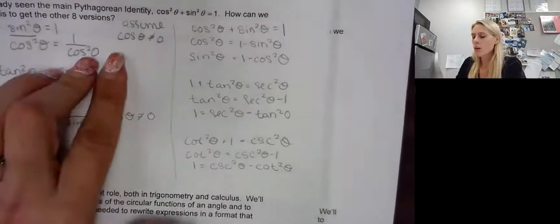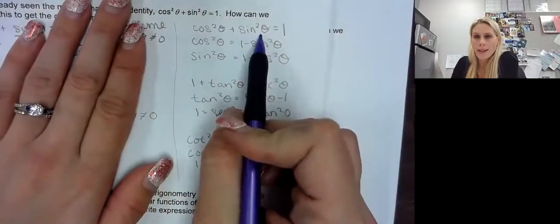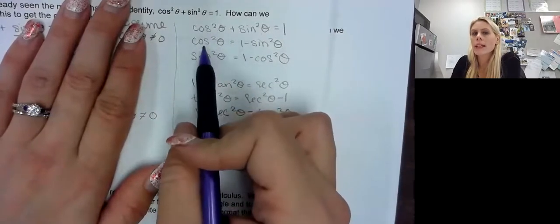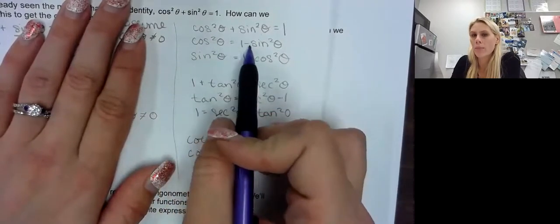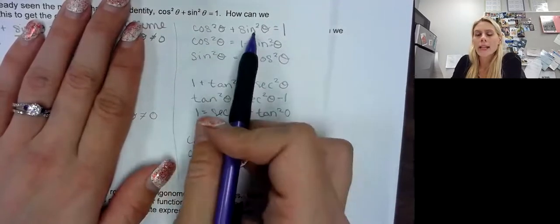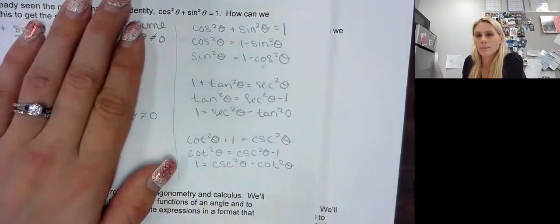Okay. So if we look, we have the Pythagorean identity. First of all, we can make an extra 2 just by moving things around. So I can say cosine squared theta equals 1 minus sine squared theta. Same thing as I can say sine squared theta equals 1 minus cosine squared theta.